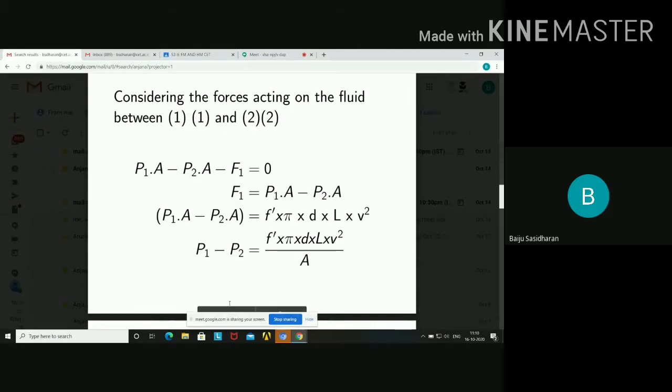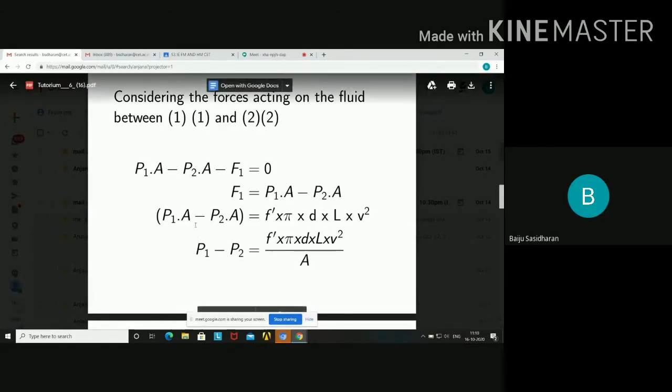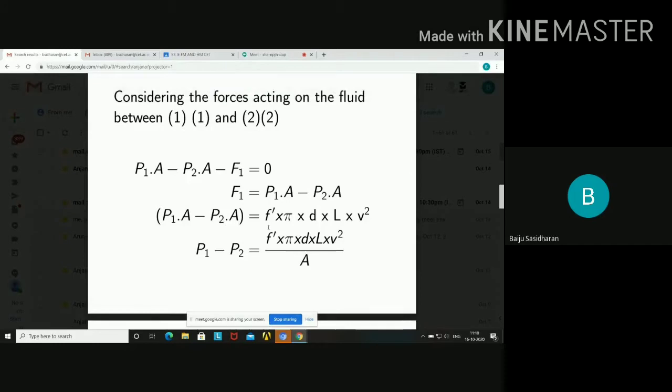Next, we have to equate the forces. That is P1A minus P2A minus F1 is equal to 0. And in that, F1 is equal to P1A minus P2A. And for that F1, we already have another expression.